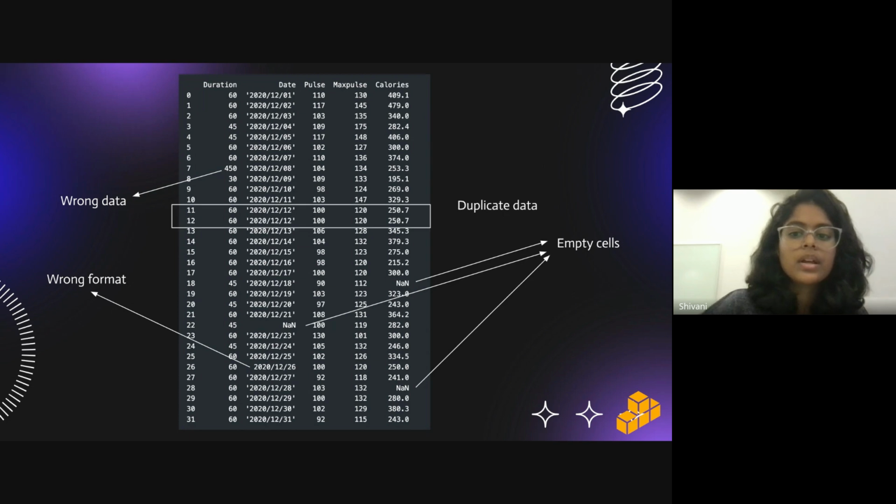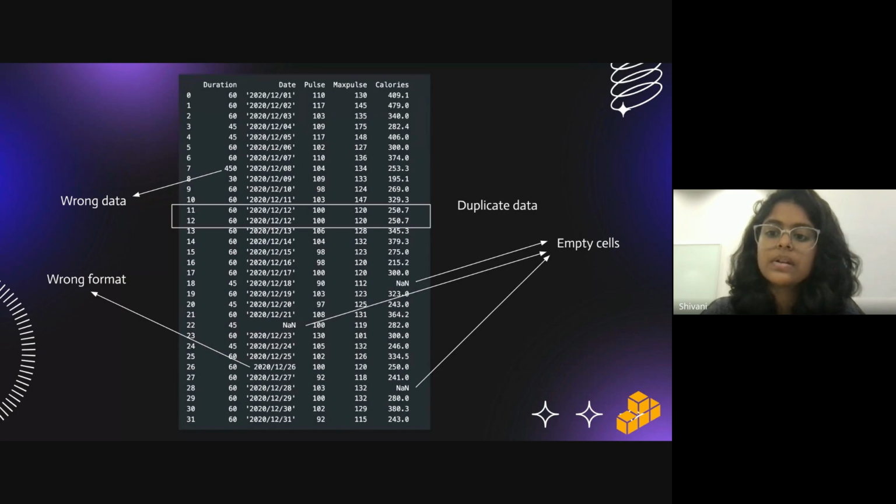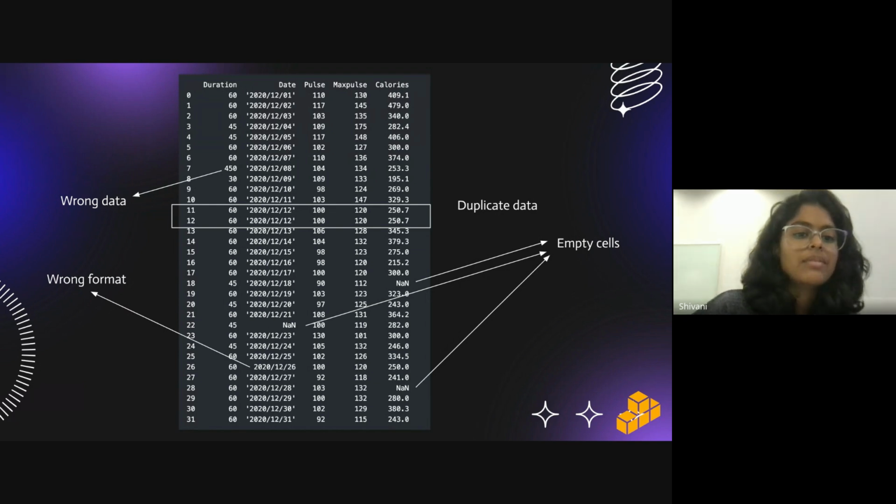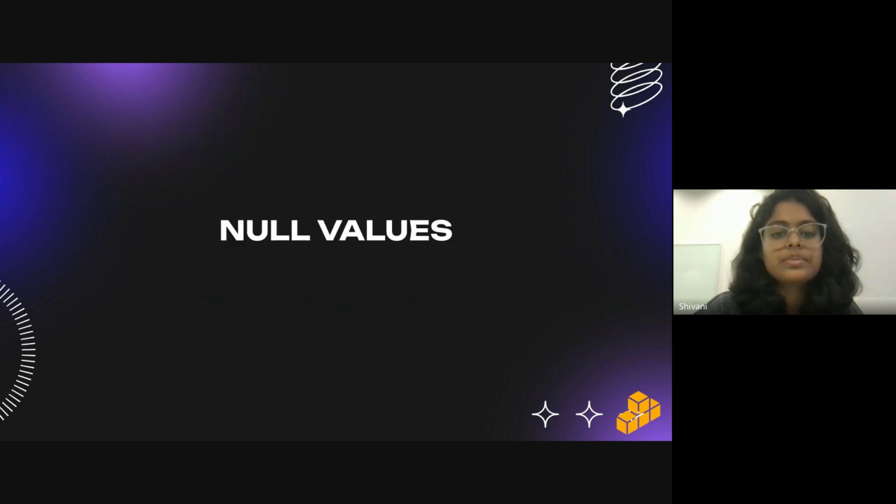Okay? And there's also duplicate data on row 11 and 12. And we can remove it because in large data sets, it doesn't really matter at some particular point if you remove some duplicate data.